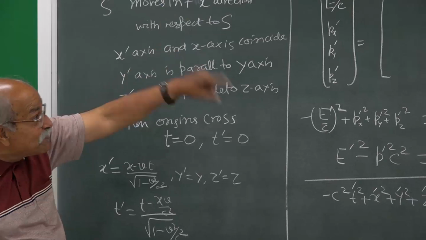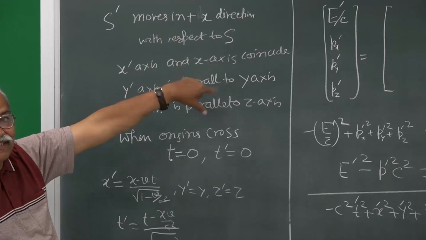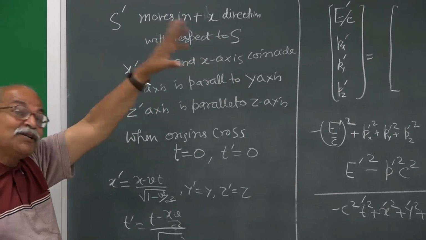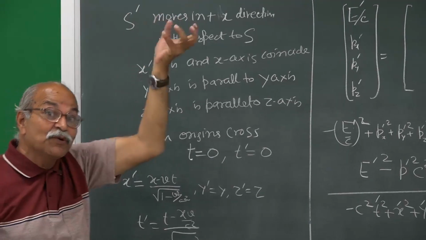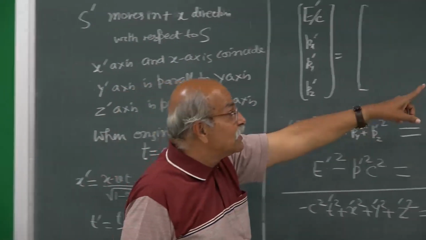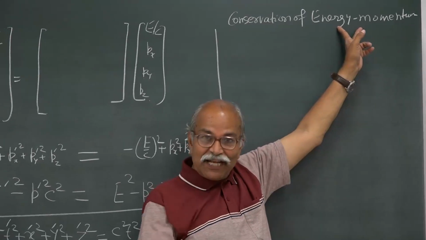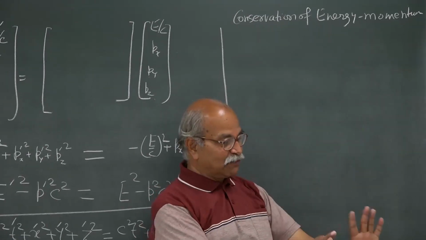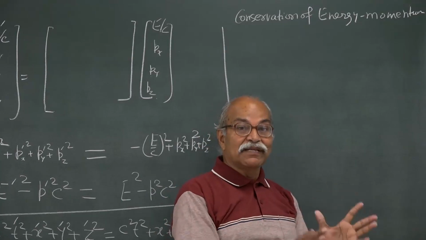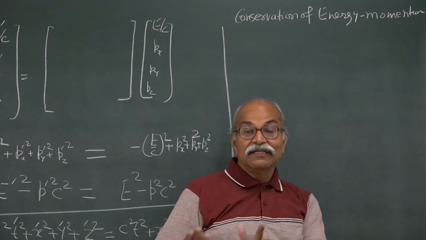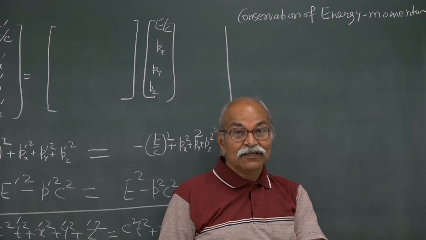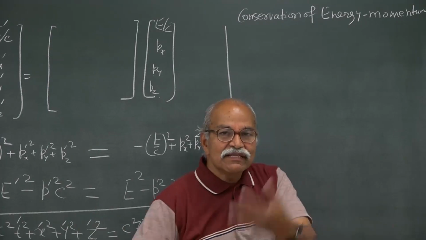Similarly, energy and momentum are mixed up. They are components of one quantity which you can call energy-momentum. When you fix a frame, you have a separate formula and interpretation of energy and of momentum. But when you change frame, they get mixed up.